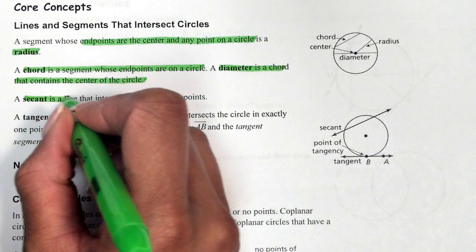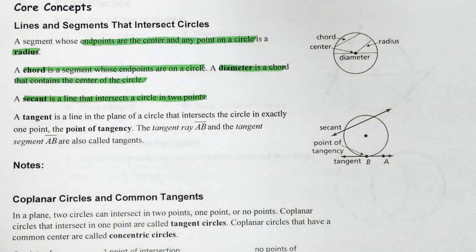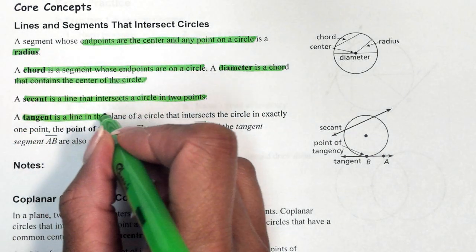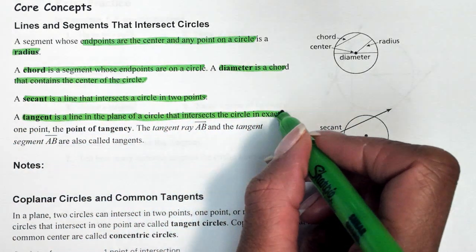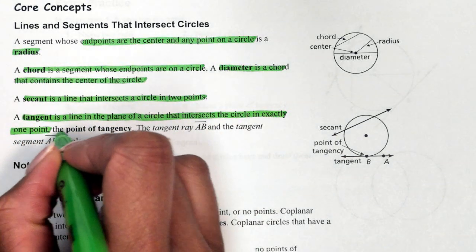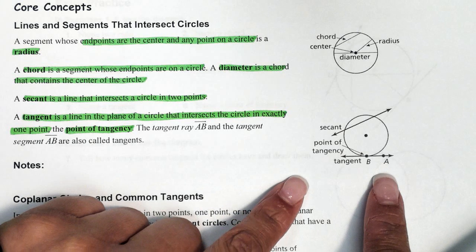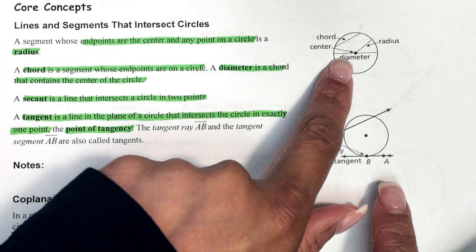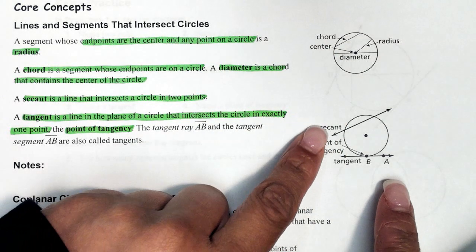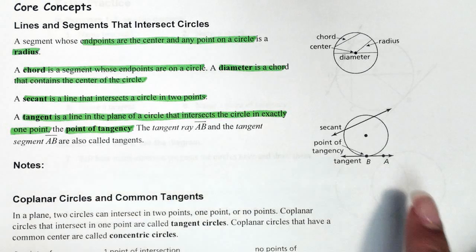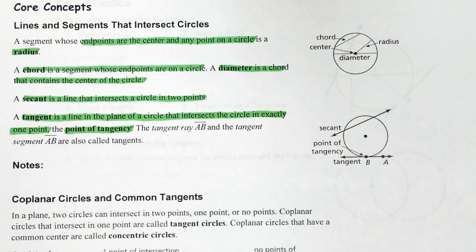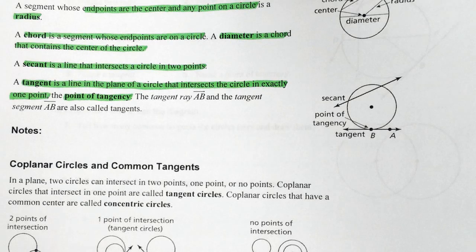You have a secant, a line that intersects a circle in two points. A tangent line is in a plane and intersects the circle at exactly one point, and that point is called the point of tangency. And this is where you get these examples from: chord, center, diameter, and radius, secant, point of tangency, and tangent. And so then we talk about coplanar circles and their common tangents.